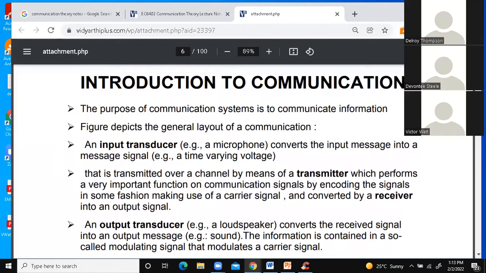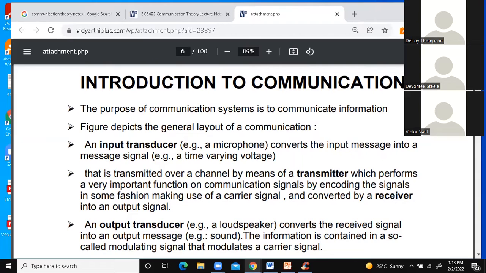So the purpose of a communication system is to communicate information. What we look at above shows a general layout of a communication system. An input transducer, for example a microphone, converts the input message into the message signal.